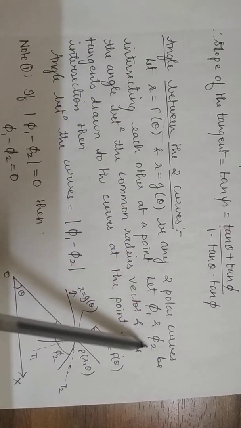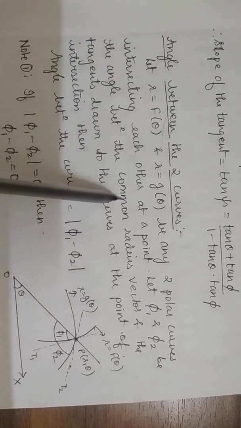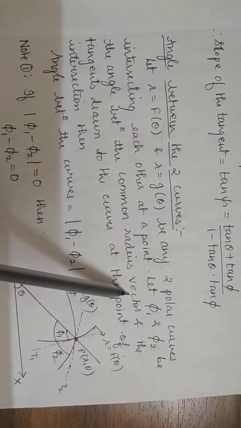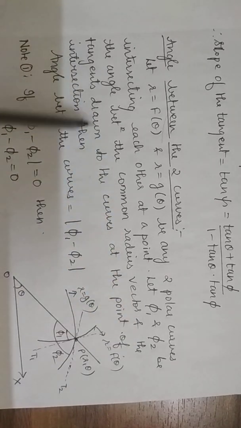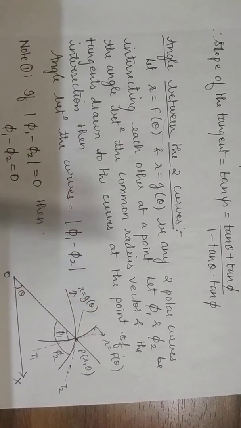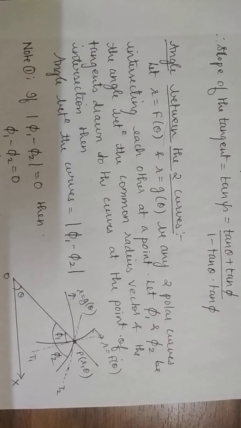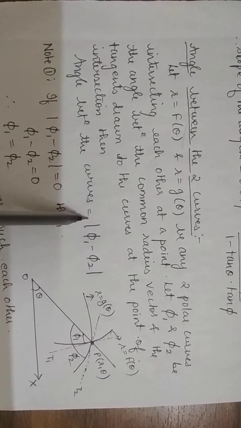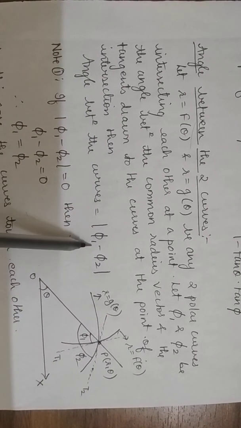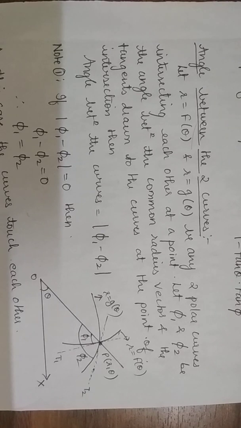Let phi 1 and phi 2 be the angles between the common radius vector and the tangents drawn to the curves at the point of intersection. Then the angle between the two curves is given by mod of phi 1 minus phi 2.